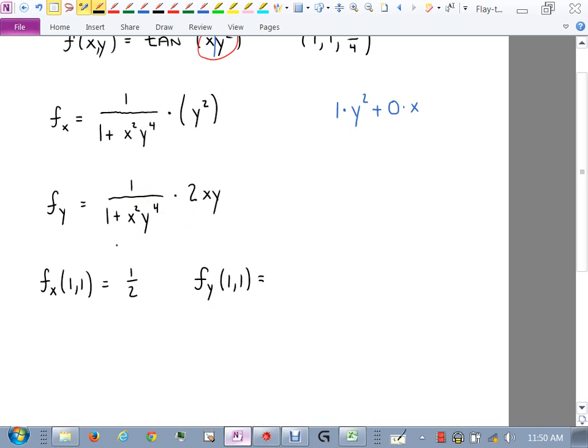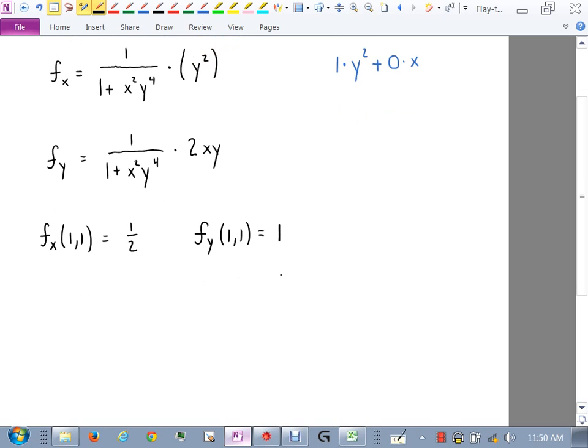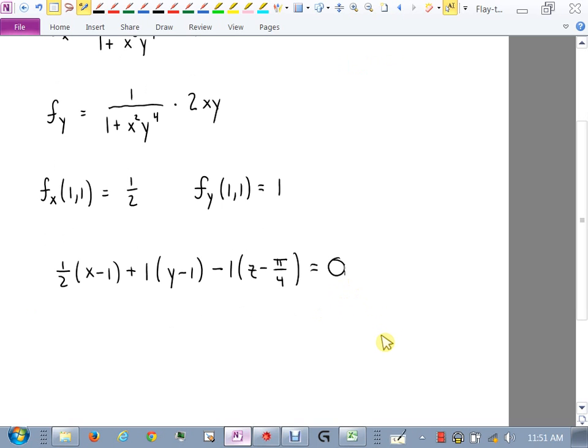So it's 1/2 times 2, which is going to be 1. And that's all we need, right? So we have 1/2 x minus x naught plus 1 times y minus y naught minus 1, it's always minus 1, z minus z naught, which was pi over 4, equals 0. Y'all agree? That's it.